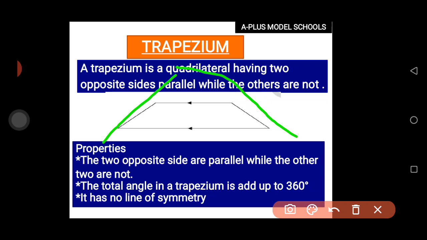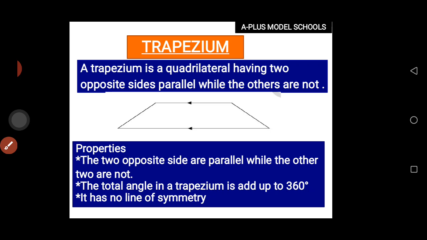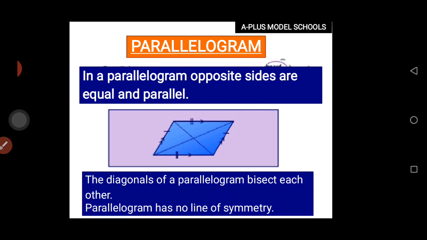Surely they will meet, so they cannot be parallel. Another one is that the total angle in a trapezium adds up to 360 degrees. This is true for all quadrilaterals: the sum of angles in any quadrilateral is 360 degrees. It does not have any lines of symmetry because there is no way you can divide a trapezium into two that will give you equal shapes.